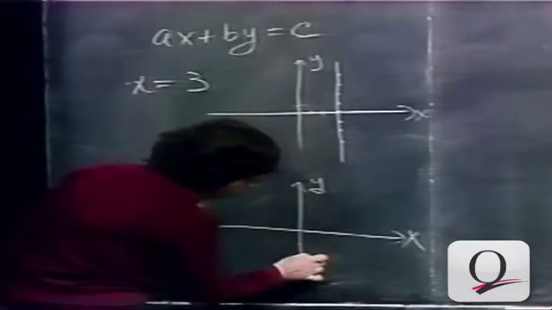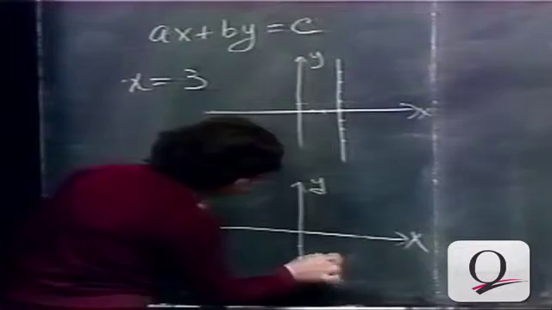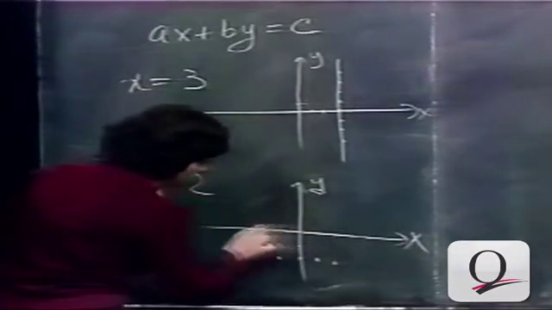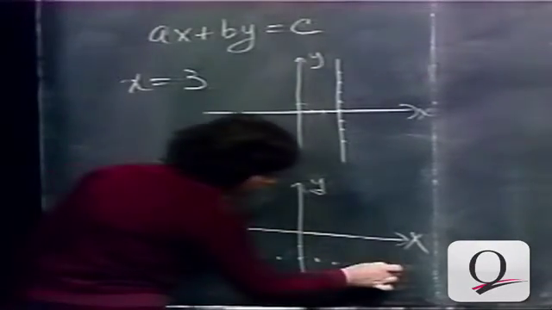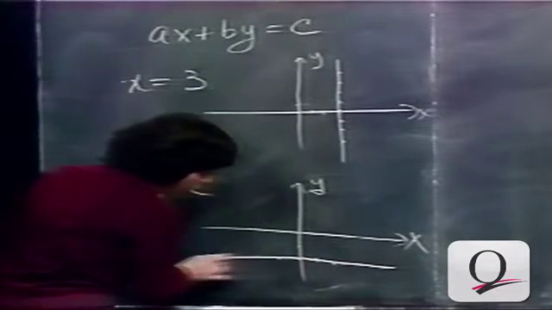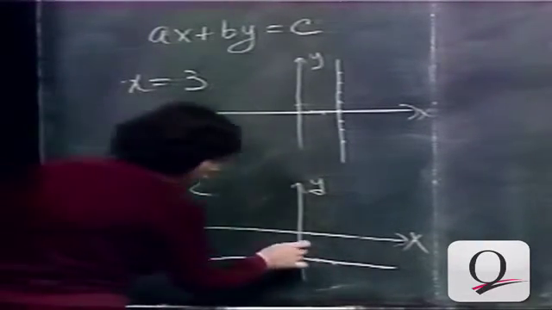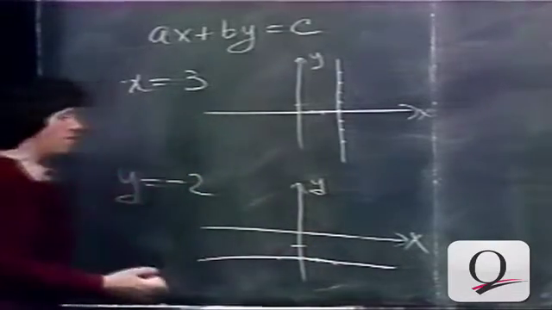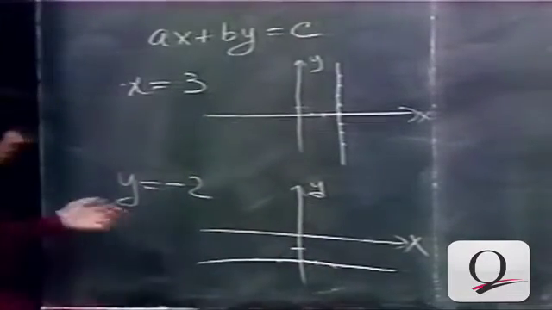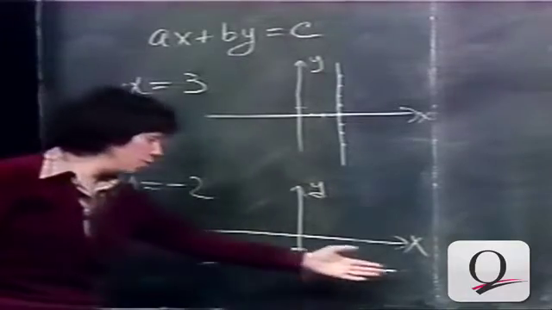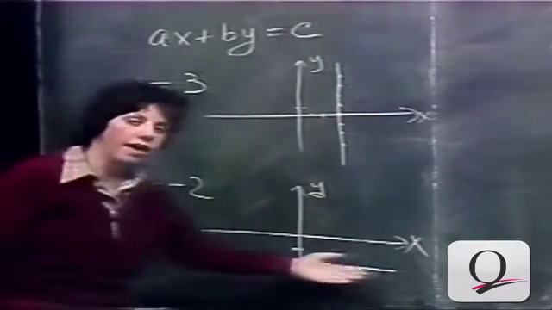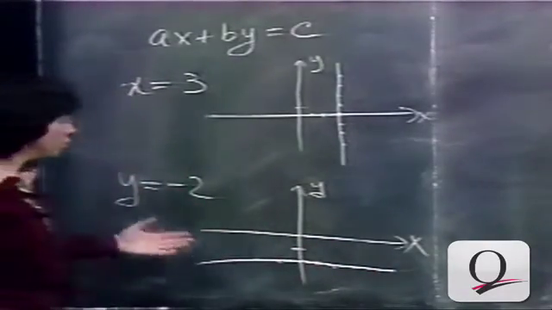You could have 1 minus 2, 2 minus 2, minus 1 minus 2, minus 2 minus 2. These points all lie along a horizontal line, 2 units beneath the x-axis. That's where all the points whose y-coordinate is minus 2 can be found.